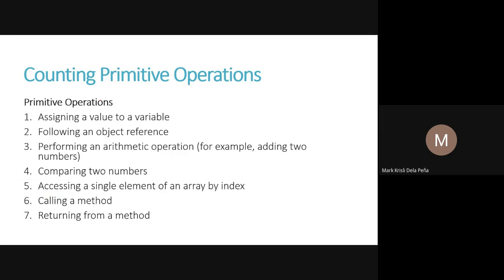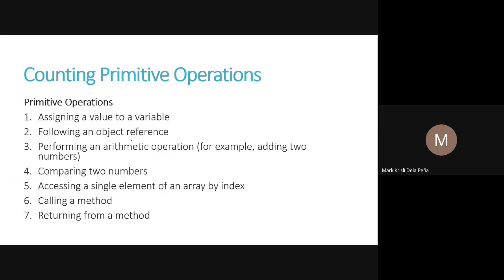So again, in this type of analysis, we can analyze the algorithm either based on its code or based on its pseudocode. So we define a set of primitive operations. We will be dealing with the operations based on the algorithm presented. These operations include assigning a value to a variable. That's one operation.